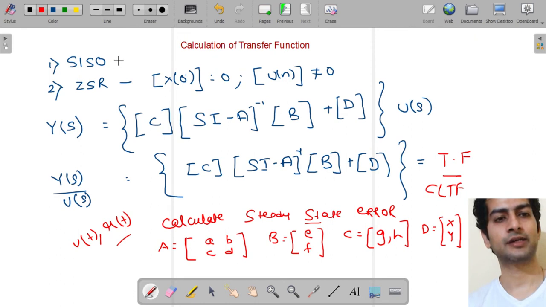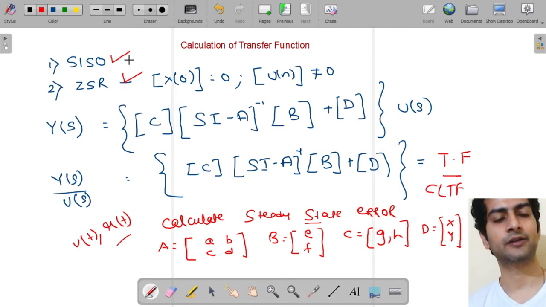But here you can see that two important conditions which I have taken are that the system must be SISO, single input, single output, and the initial conditions should be zero. Now let's play here.